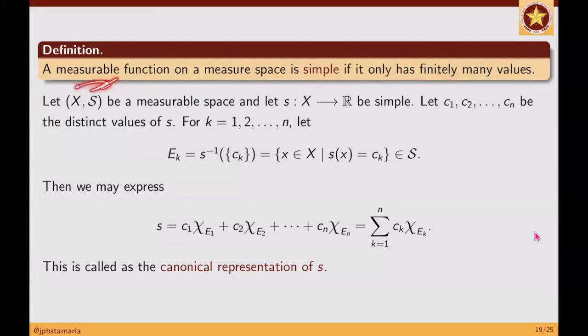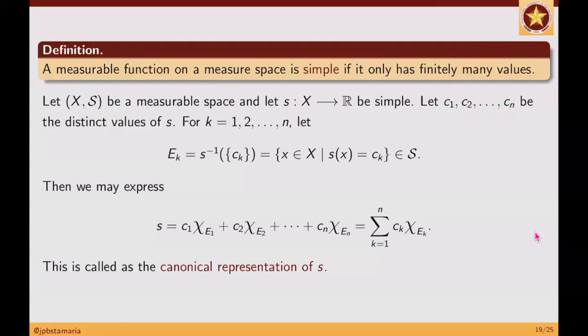Pangalawa, dapat siya ay measurable. So sabihin natin, for example, si S ay simple. So sabi nga natin, meron siyang finitely many values. Kunwari yung mga values na yun ay C1, C2 hanggang Cn.